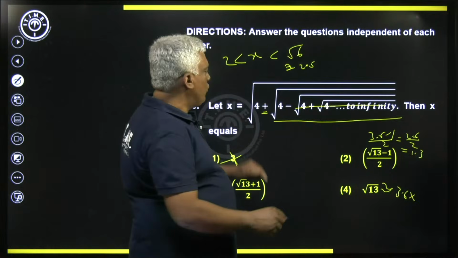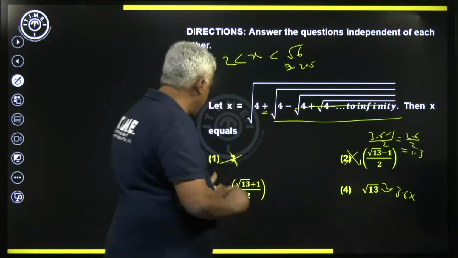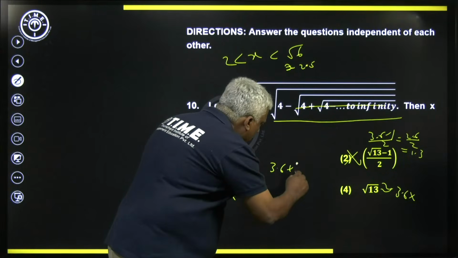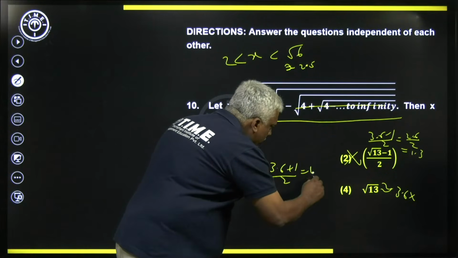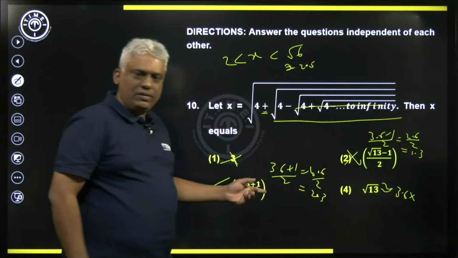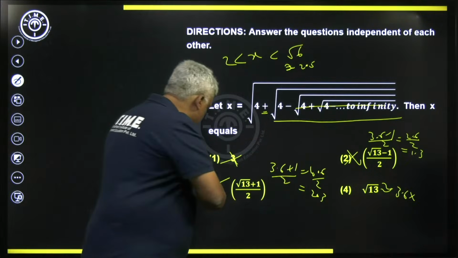And we know the answer is more than 2, so it can't be the answer. So this has to be the answer. It is 3.6 plus 1 by 2, that is 4.6 by 2, which is 2.3. So this is the correct answer, option 3.